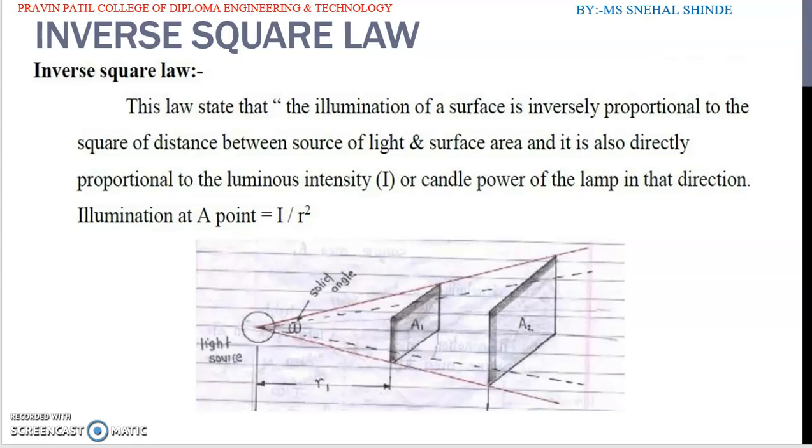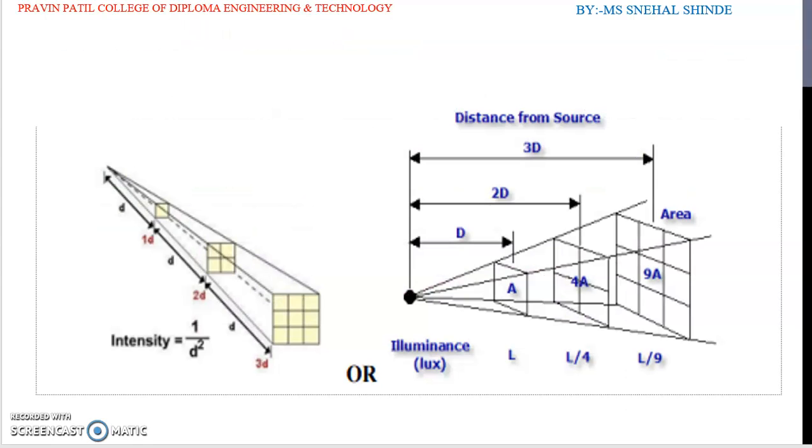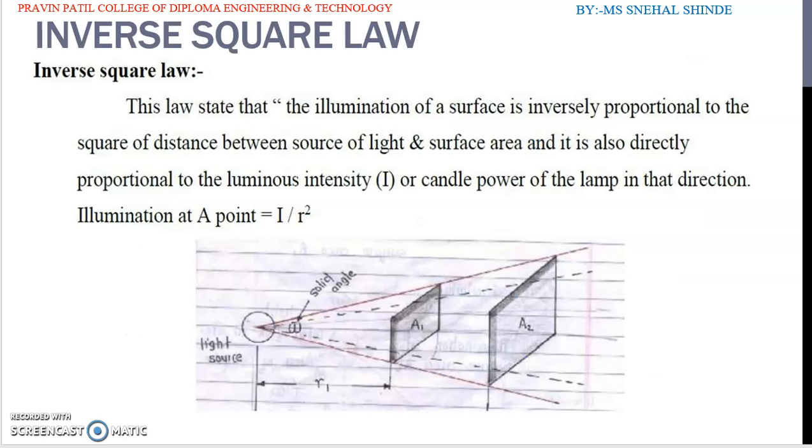So in this figure we have considered the areas A1, A2 and the distances between them R1 and R2, from the point source S of luminous intensity I and normal to the rays.